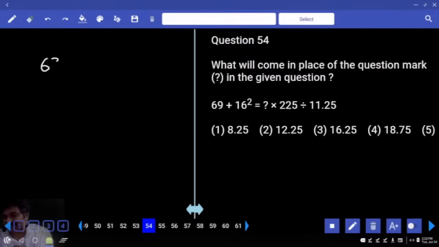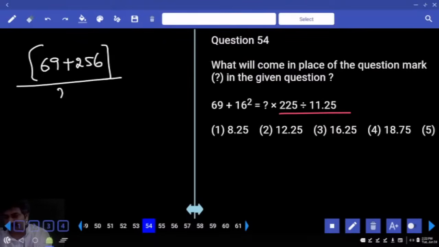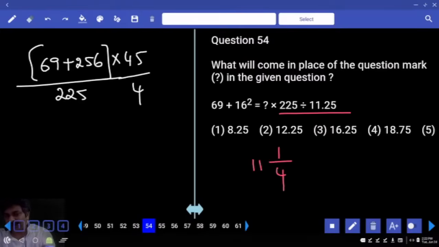Left hand side 16 square plus 16 square. 256. Divided by 225 into 225 divided by 11.25 comes to the other side. Are you okay? Then 225 comes in the denominator into 11.25. I'll write it as 11, 1 by 4, 45 by 4. 45 5 times.